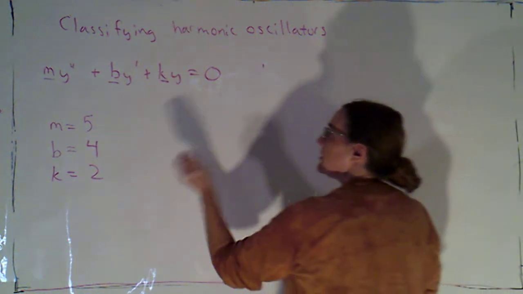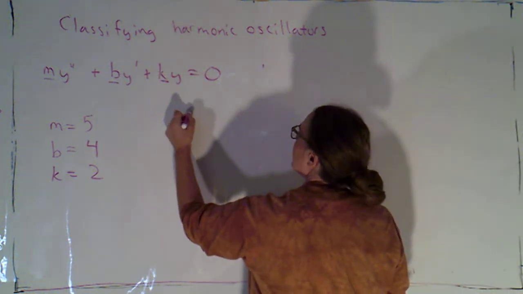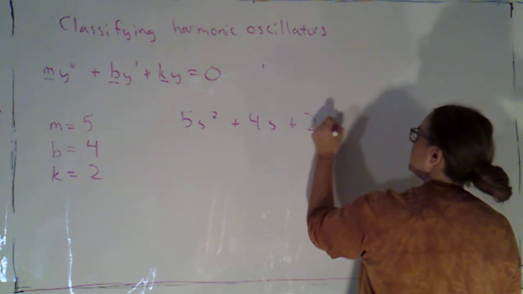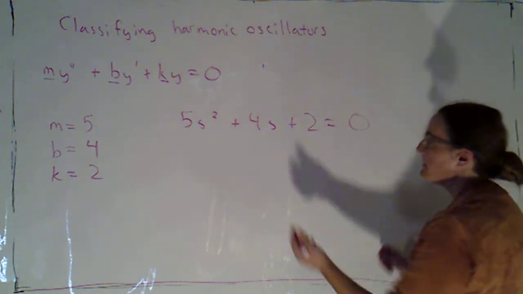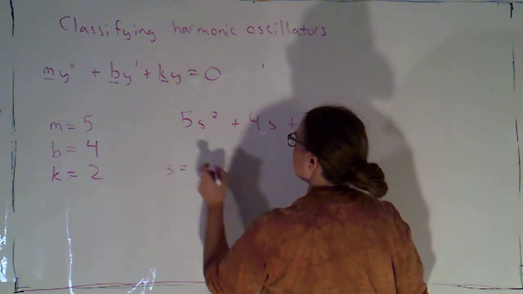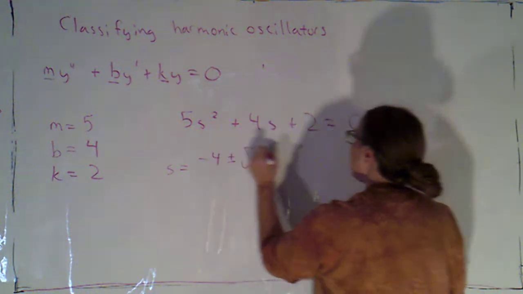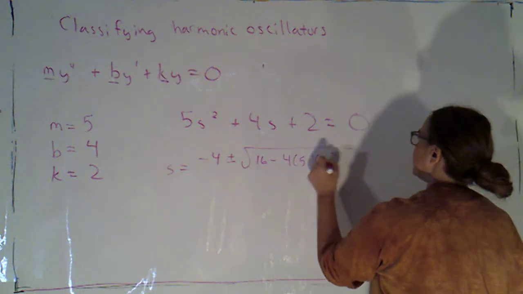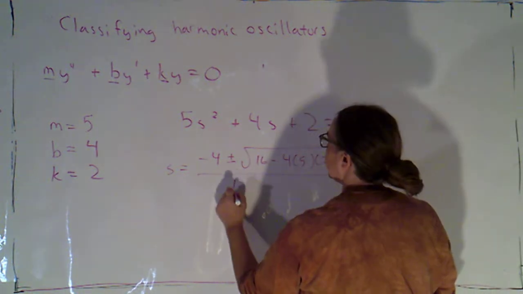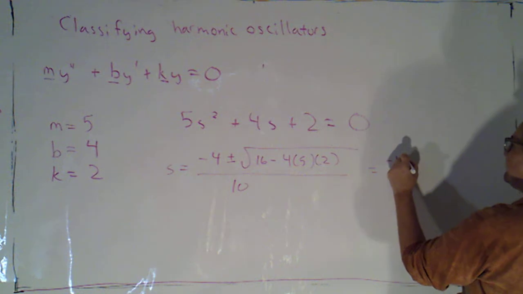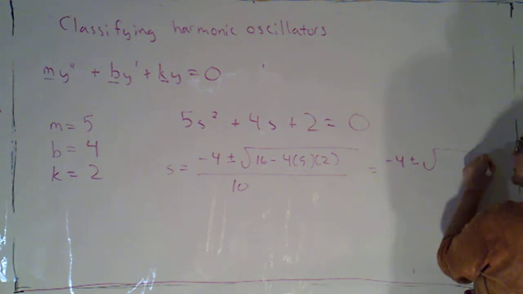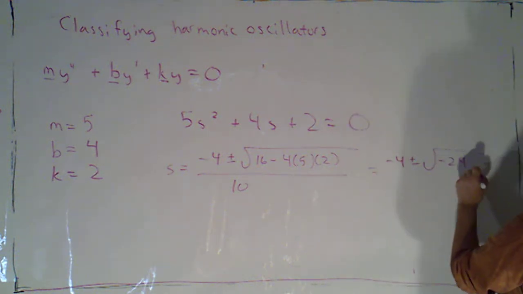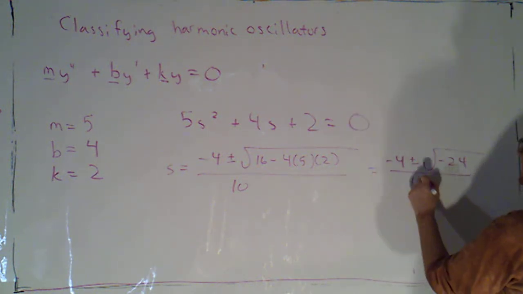So my characteristic equation would be 5s squared plus 4s plus 2 equals 0. The solutions would be s is equal to the opposite of 4 plus or minus the square root of 16 minus 4 times 5 times 2, all over 10. So that's negative 4 plus or minus the square root of negative 24, all divided by 10.